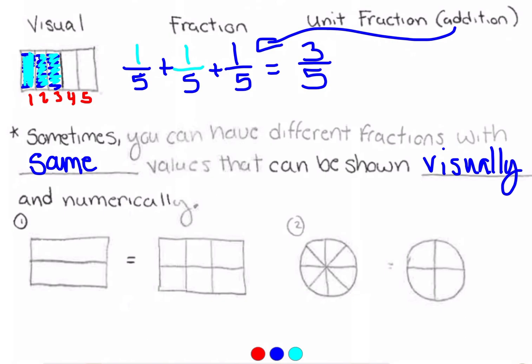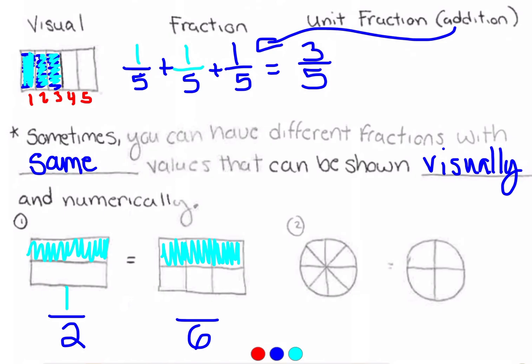So let's say that you had a pizza and it was broken up into 2 sections, and you ate this top amount, and I had the exact same pizza, except it was broken up into 6 sections, and I ate this much. If you look, we both ate the same amount of light blue pizza, except you only had to eat 1 slice and I had to eat 3 slices. Yet these numbers are actually equal. 1/2 is the same as 3/6.